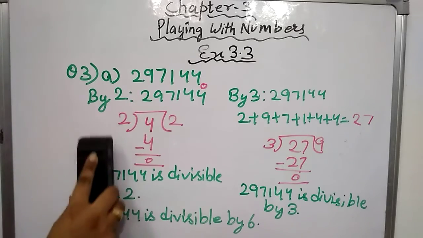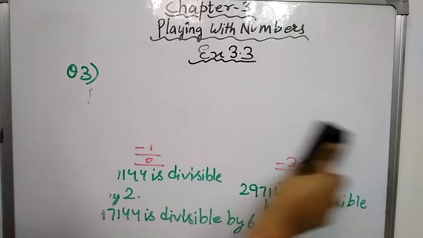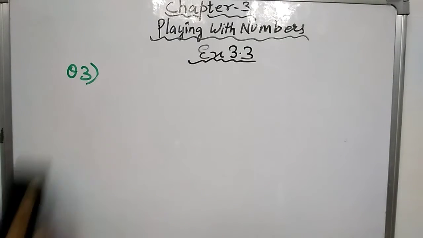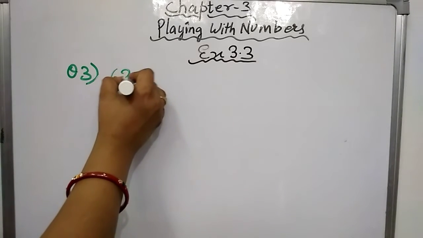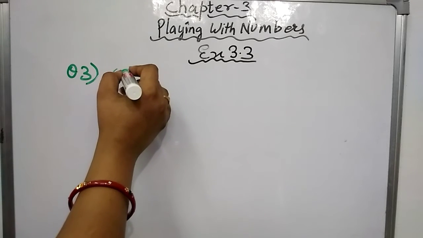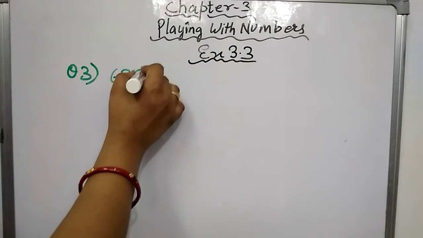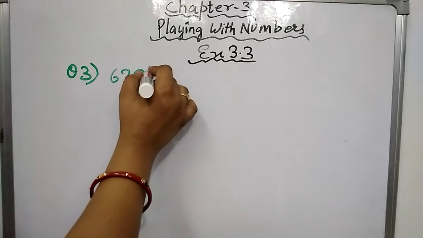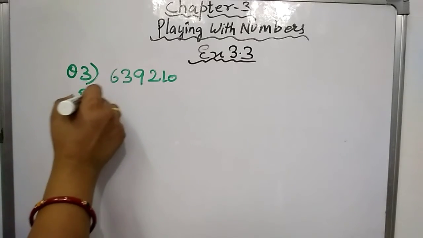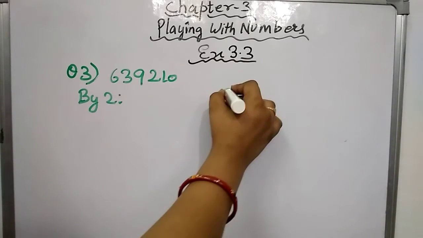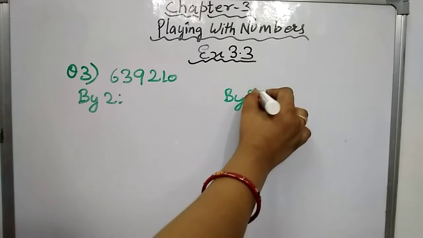Next number is 6,39,210. Now we'll check it for number 2 and number 3.